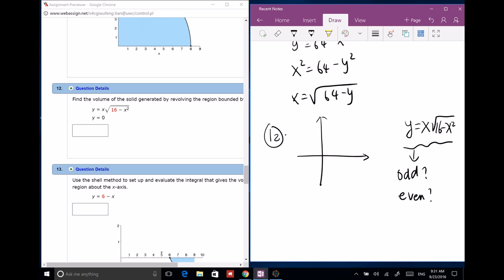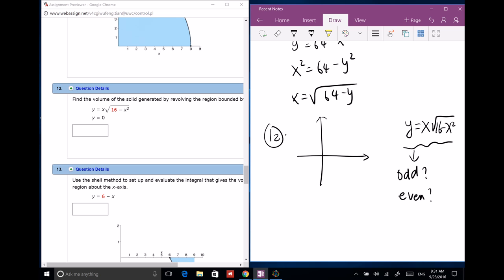I'll wait on another student to see if anyone knows that. Does anyone know odd function or even function? Anyone? Zijian? Nobody knows what is odd, what is even?